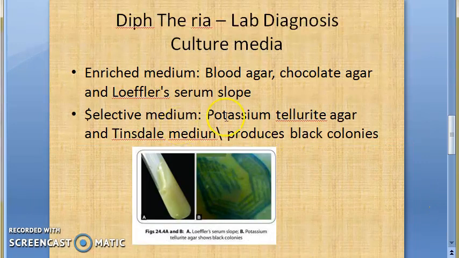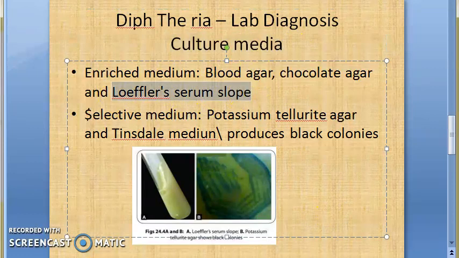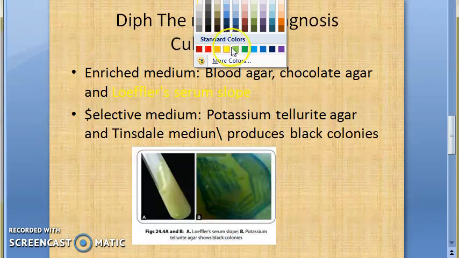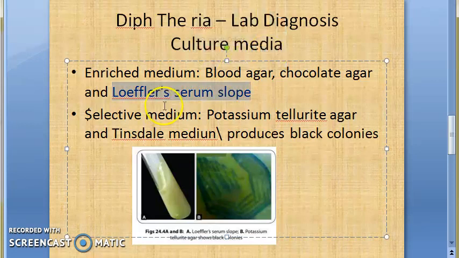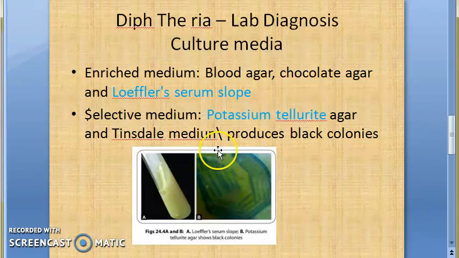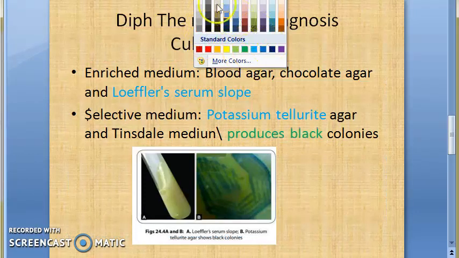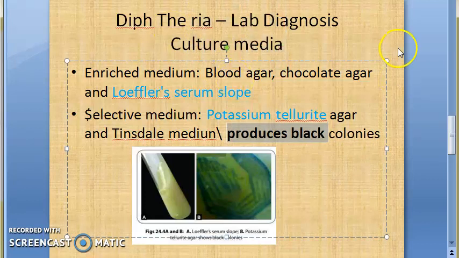Very good. Coming to culture media. Now, you will also put it for culture. You will put it on Loeffler serum slope, and also put it on potassium tellurite. These are important ones, okay. You should not forget potassium tellurite and Loeffler serum slope for Corynebacterium diphtheriae. On potassium tellurite, it will be black colonies, remember.